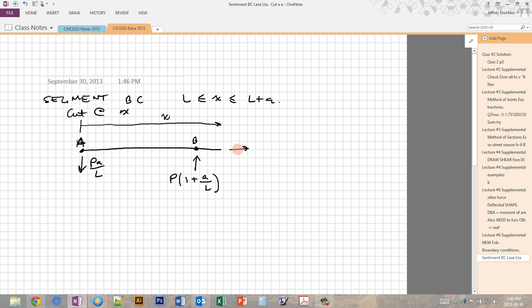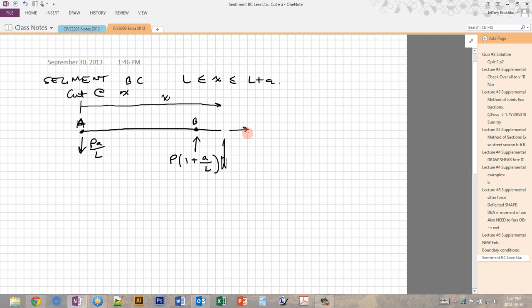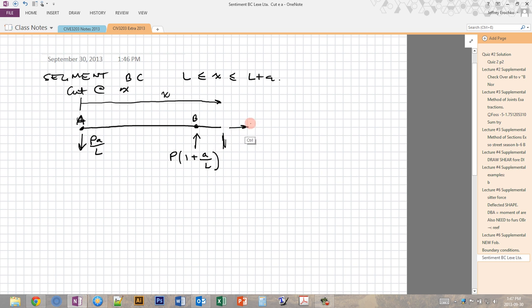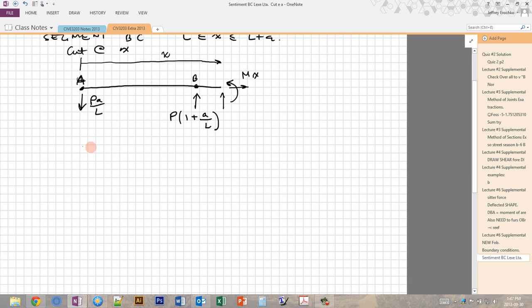Okay, and again, since we have a cut here, we have horizontal, vertical, and a moment. And that moment is M at x. So now if I solve for this moment, by taking equilibrium about Mx, we get Mx minus P(1 plus A over L) times (x minus L).